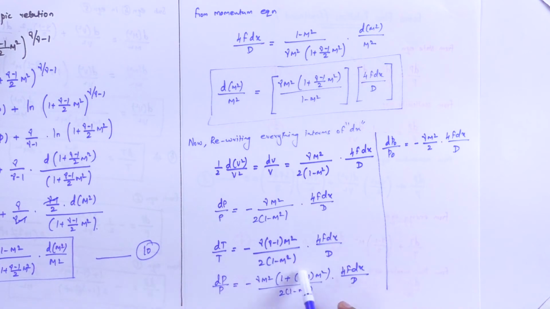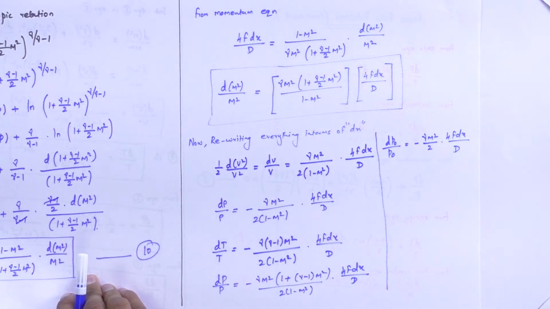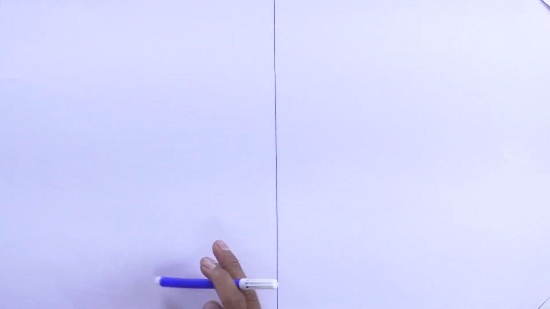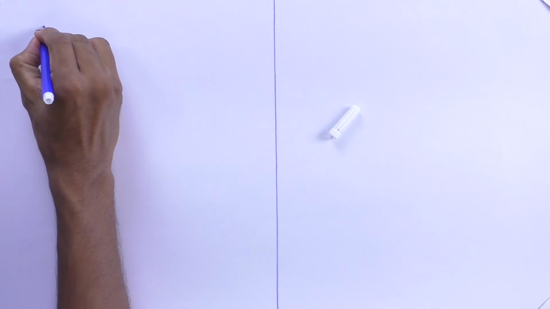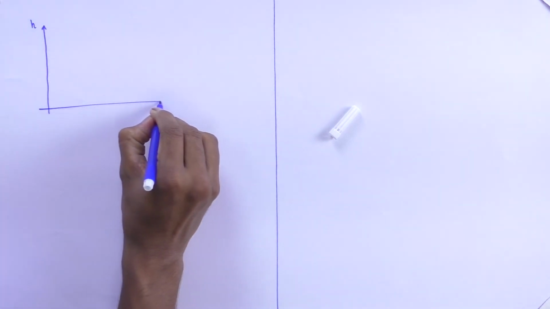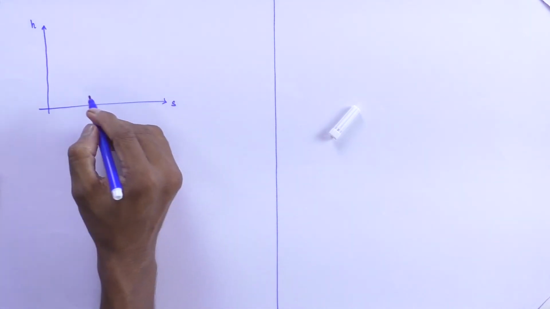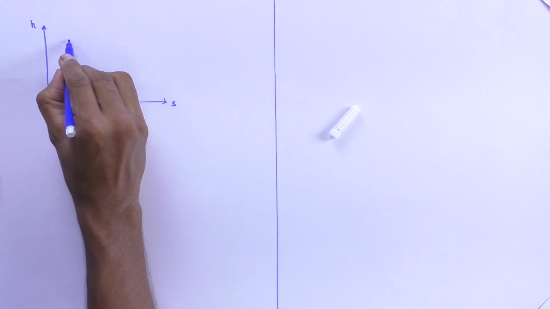Using all these relations, if we plot a graph between enthalpy and entropy, we will get a graph like this. Specific enthalpy on the y axis and entropy on the s axis. So, if we plot the flow properties variation, we will get a curve like this.